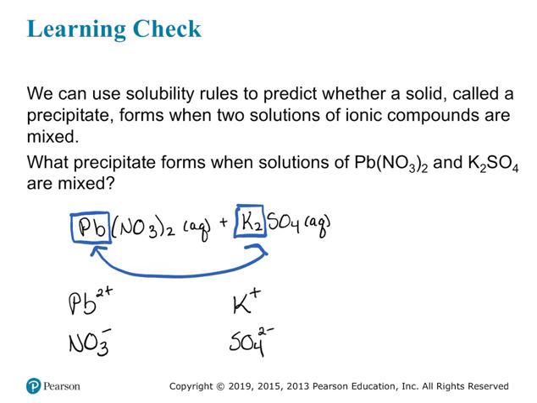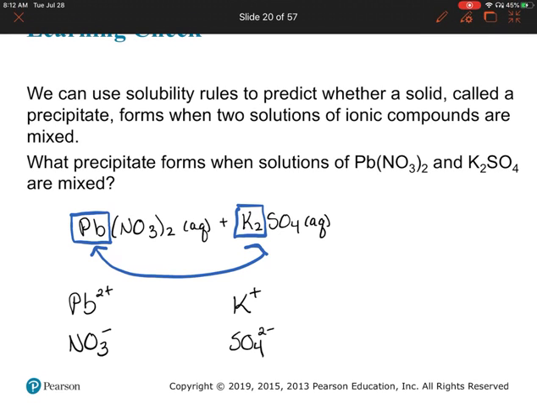Now we're doing a switcheroo here. Lead is going to pair up with sulfate, and nitrate is going to pair up with potassium. I might not be able to fit them all in there, so we'll just do an arrow here. Our products will be lead paired with sulfate, but let's make sure their charges are balanced.